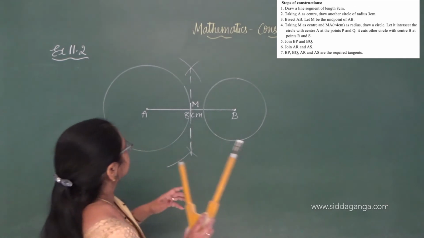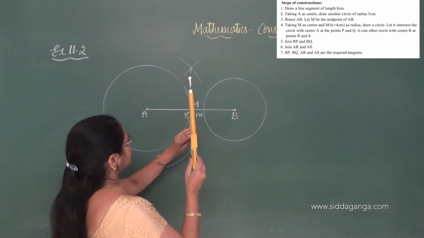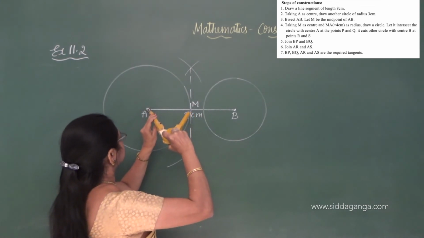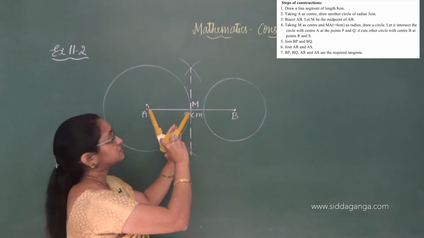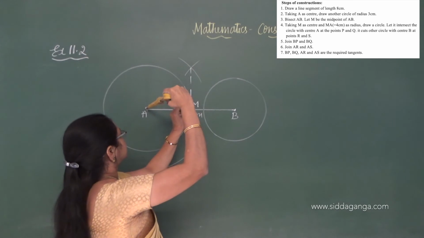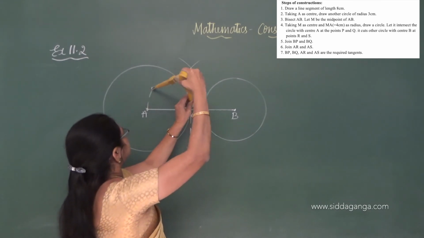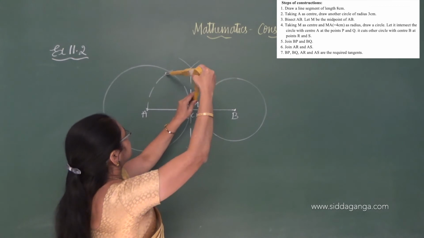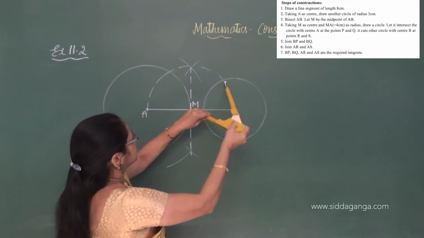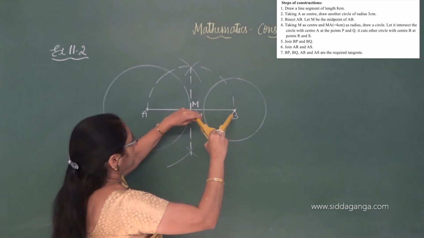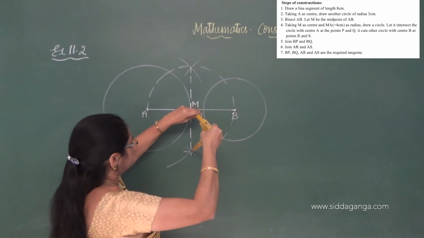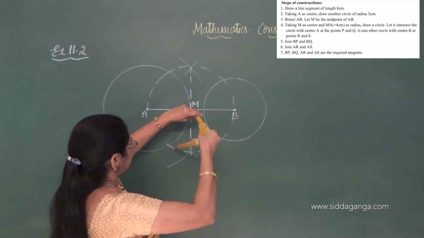Next, I have to take M as the center with AM as radius and draw a circle which cuts the given circle at certain points. See here, it cuts the given circle at certain points.